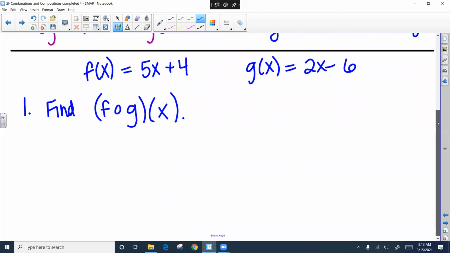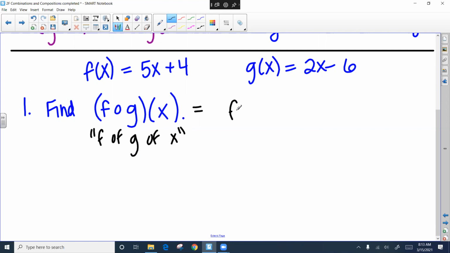Okay, so as soon as you see something like this, I would rewrite it with function notation. So on number one, the way we say this is f of g of x. And so when we rewrite it, keep the letters in the same order, but we're going to rewrite it with function notation.